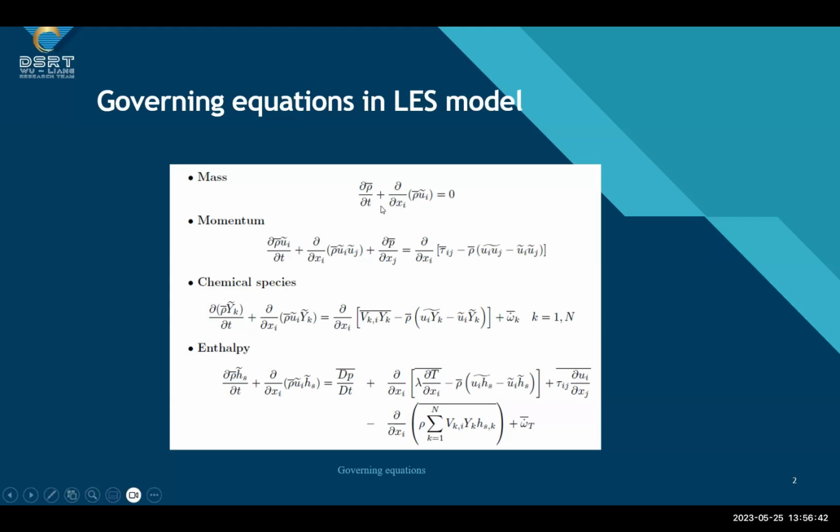For example, if we have an incompressible flow, we can ignore this term, and we have this equation, which means in each direction the input equals the output. So, conservation of mass. Yes, exactly. How about the second one?